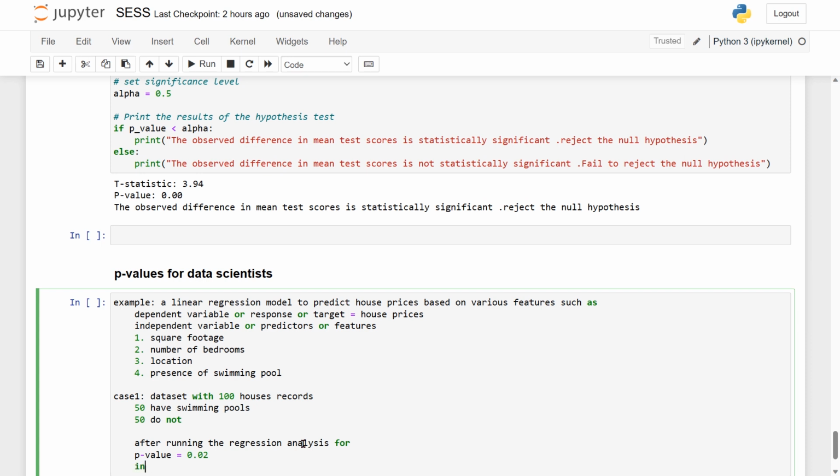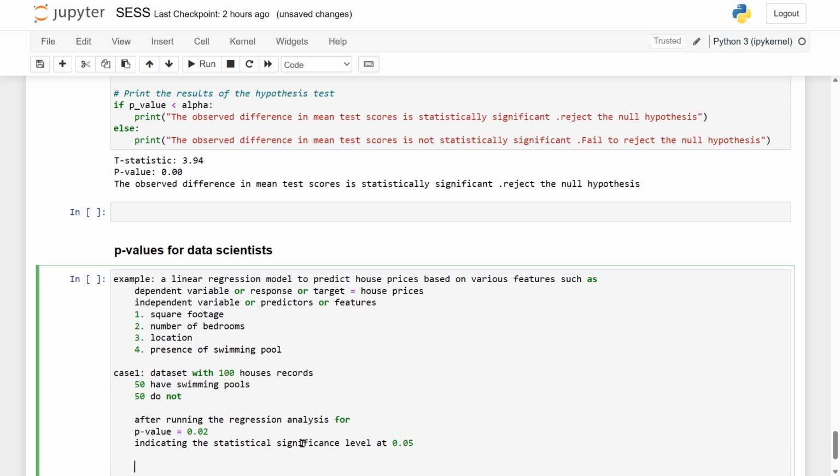So this indicates statistical significance at the 0.05 level. This means that there is a significant association between the presence of a swimming pool and house prices, and the swimming pool feature is more likely to be included in the model. That's the conclusion for case 1.